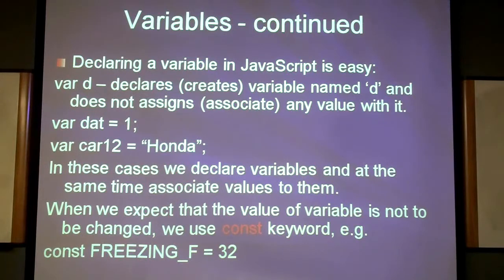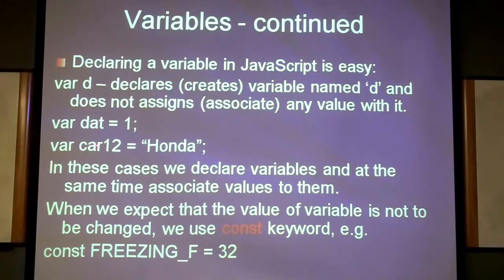And then again, in this case, we define a variable, create a variable and assign a value to it. So when you create a variable, you should not instruct JavaScript what kind of information you are going to store there. Unlike many other programming languages, this is not required. That's why it's called a weak type language, or actually loose type. Some people say loose type. So you don't need to predefine the type of the information you are going to store.